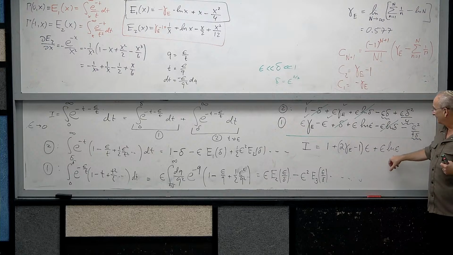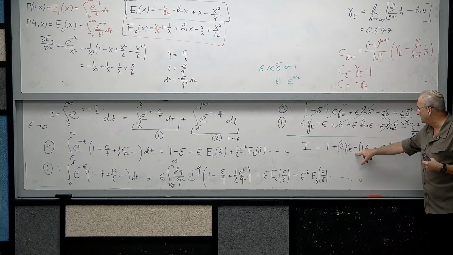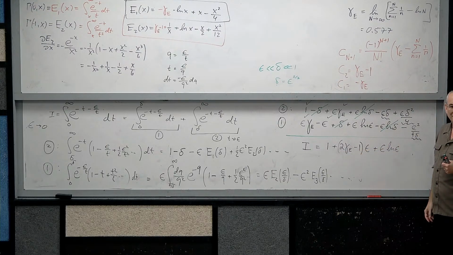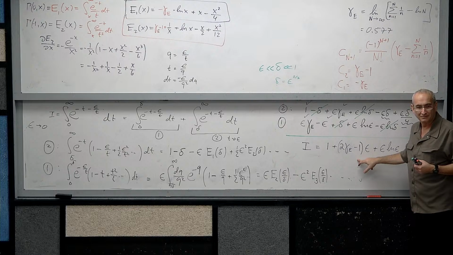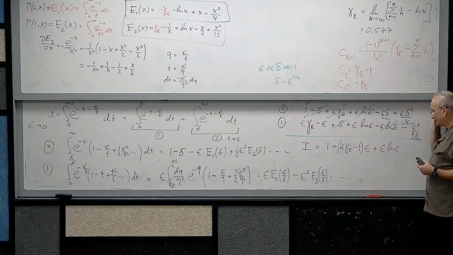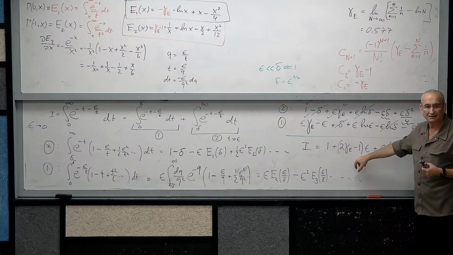But the ln is much more than 2. Actually, 2 gamma Euler minus 1 is almost 0, but this is just an incidence, that gamma Euler is close to 0.5, 0.577. So this is 0.14 order of magnitude, and as epsilon goes to 0, the ln term is much larger than that.